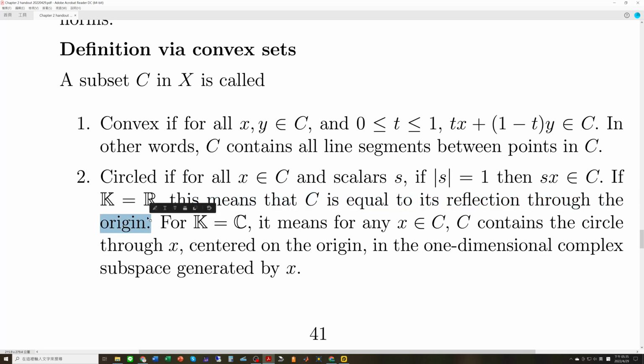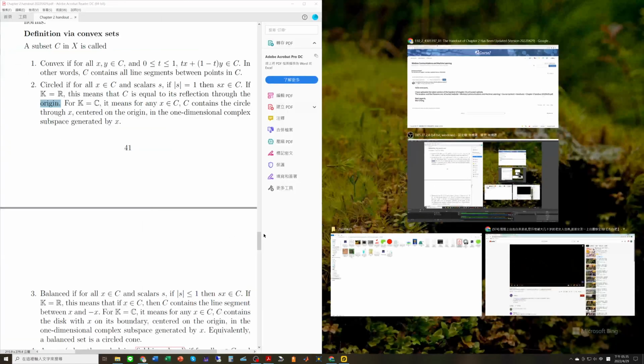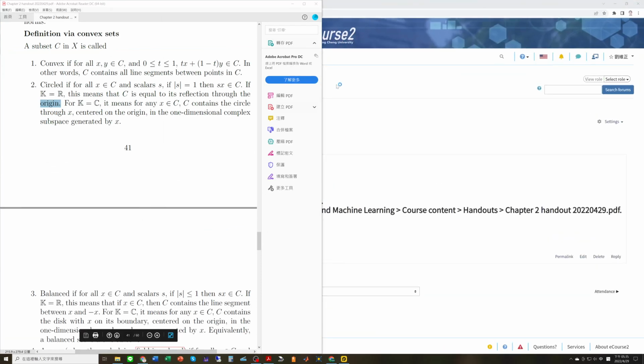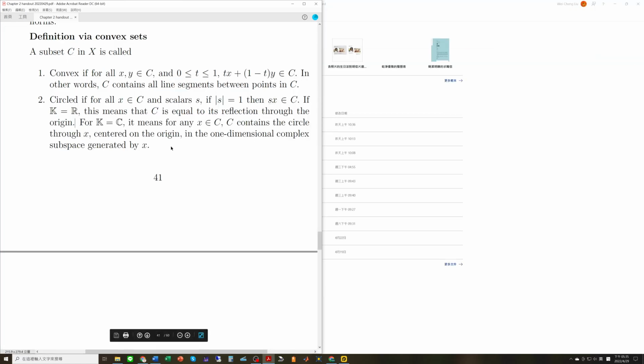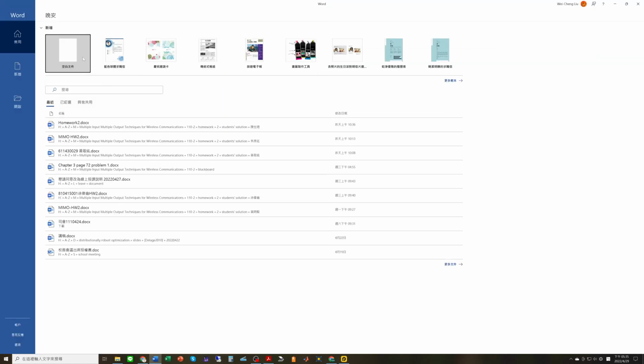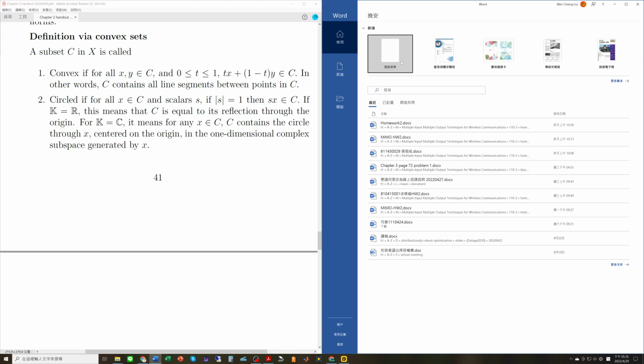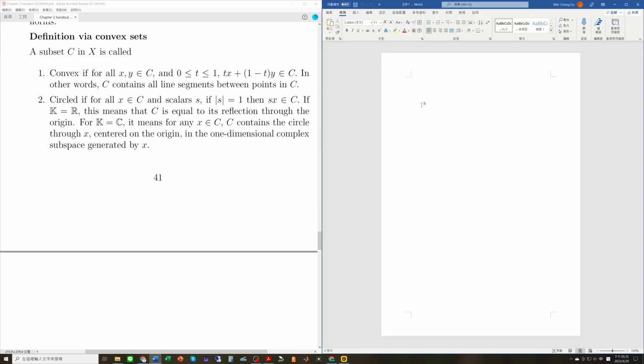What does it mean? Let me draw a figure for you. Let me open Microsoft Word and open a blank document.